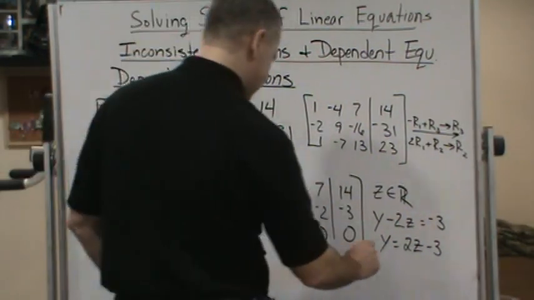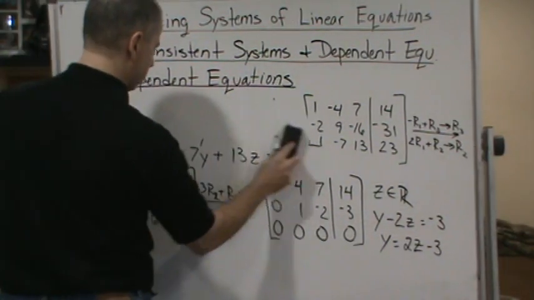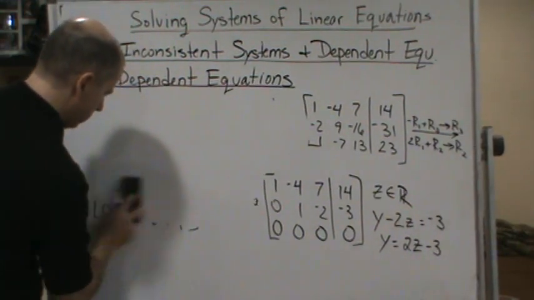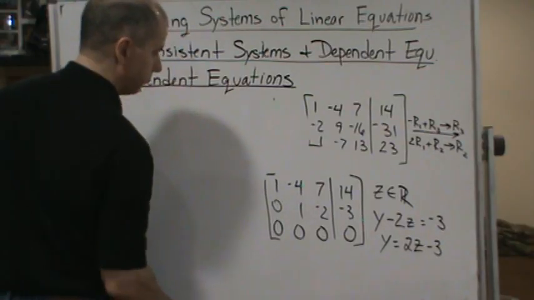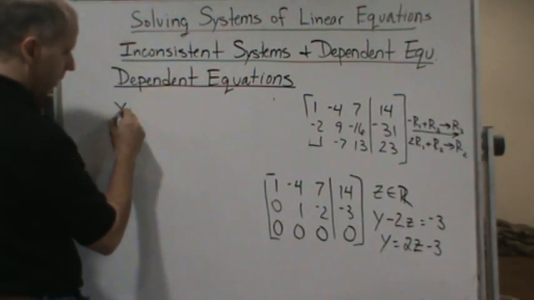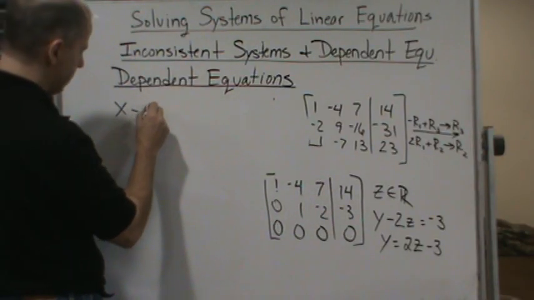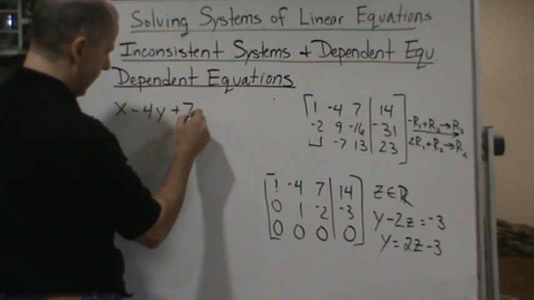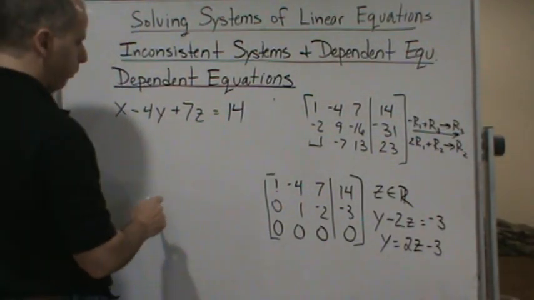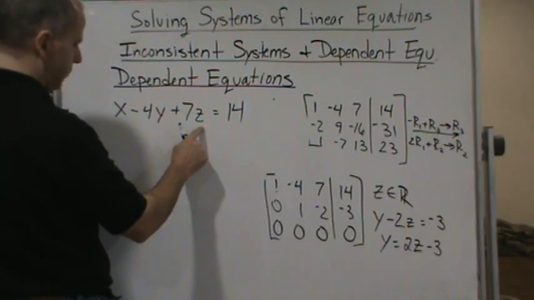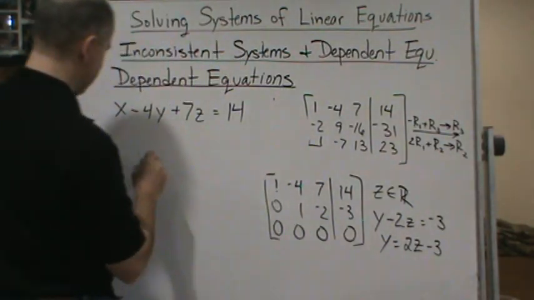And then x, let me do it over here. Okay. So x, this equation can be written as x minus 4y plus 7z is equal to 14. But then we can substitute it, well, z here is free, but we can substitute in for y. y is equal to 2z minus 3.